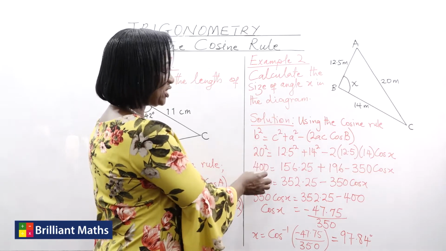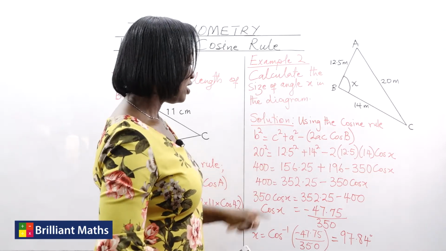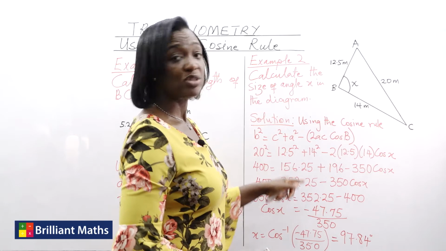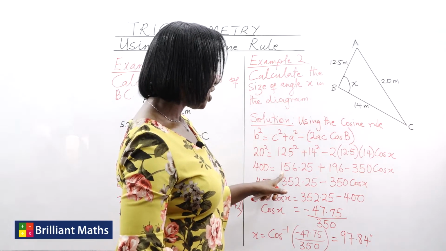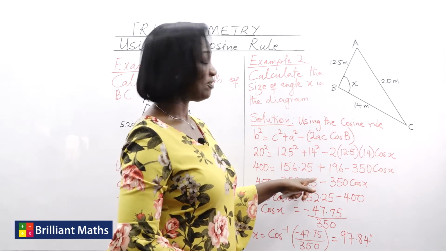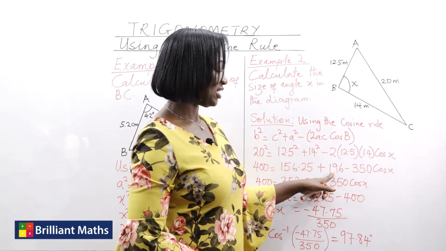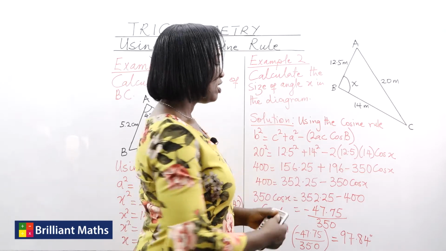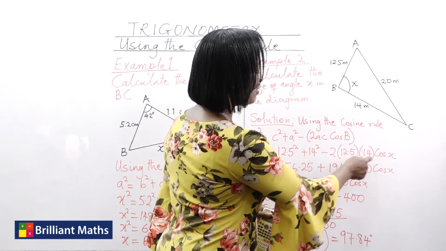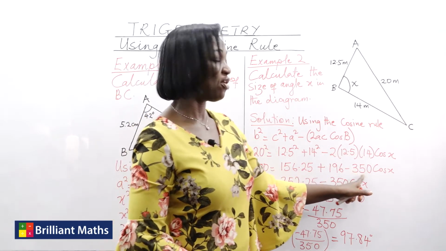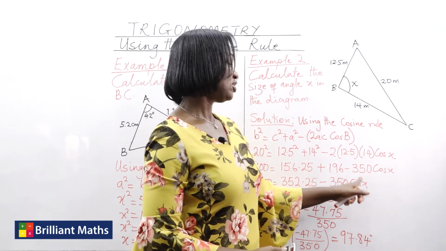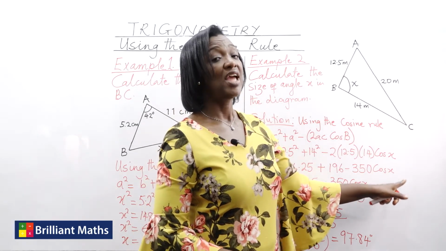So square your 20 and you get 400. If you square 12.5, you get 156.25. 14 squared is equal to 196, minus 2 times 12.5 times 14 will give you 350, so that gives us 350 cos x.